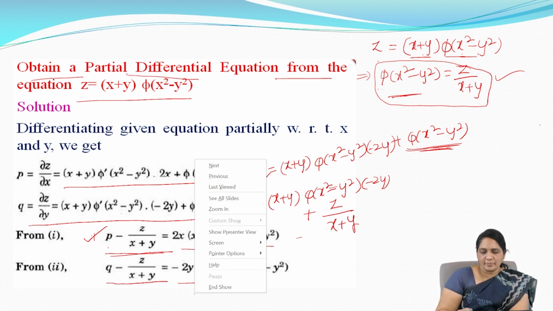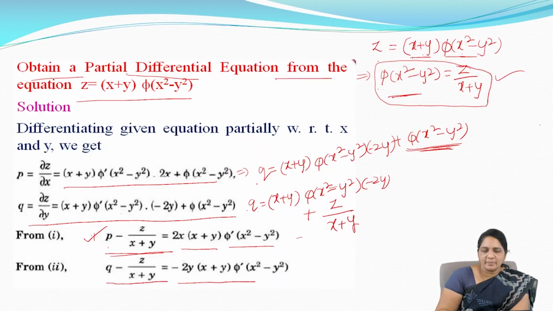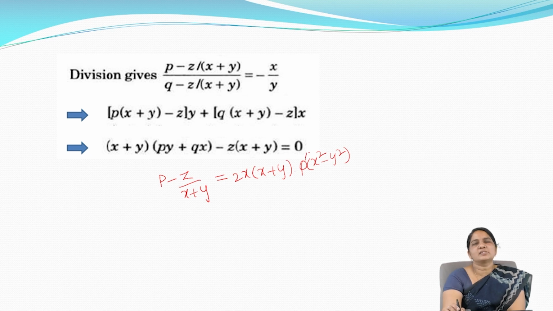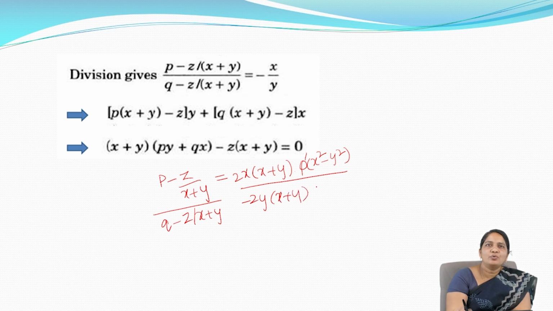So I am writing here: p minus z by (x+y) divided by q minus z by (x+y) equals 2x into (x+y) into φ'(x²−y²) divided by minus 2y into (x+y) into φ'(x²−y²).